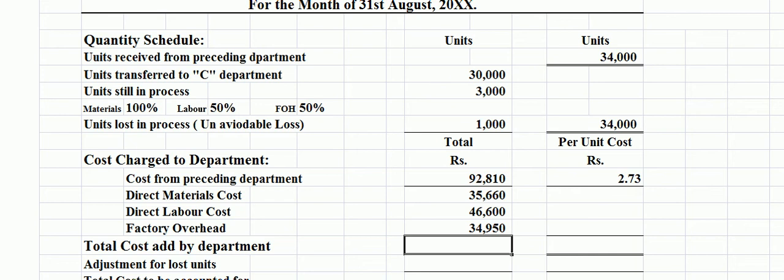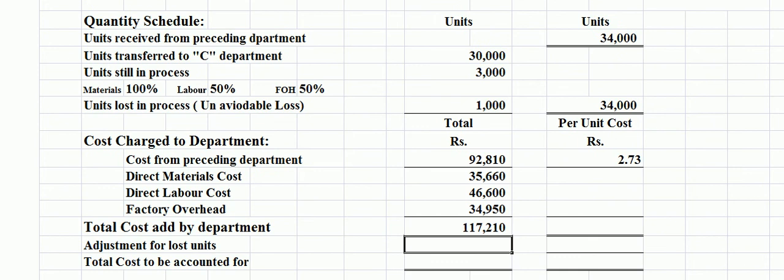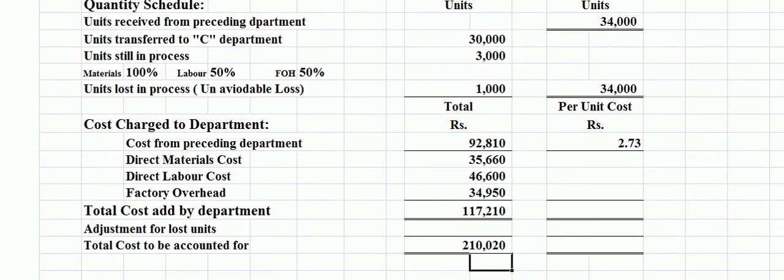Now students, we add these three figures here. This is 1,17,210 rupees. Now we add the current manufacturing cost to the preceding department cost. This is 2,10,020 rupees.